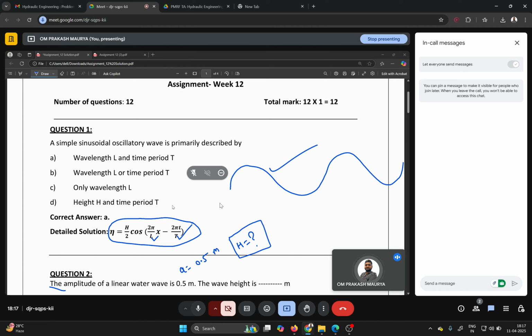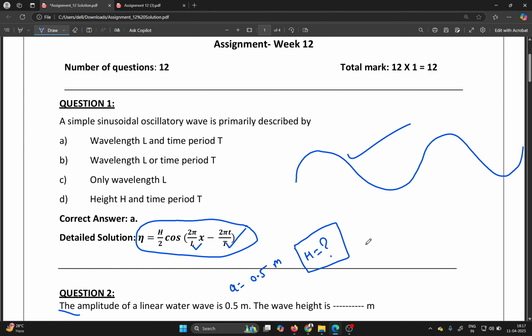Okay, still no one has joined. The amplitude of a linear wave means the formula is amplitude equals height by 2, meaning your height is 2 times the amplitude.